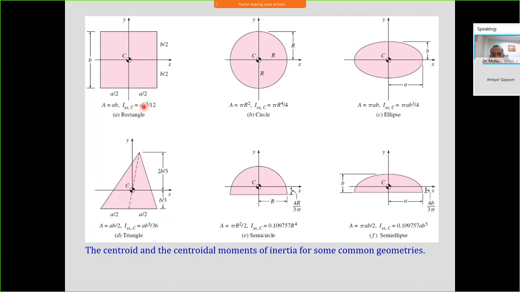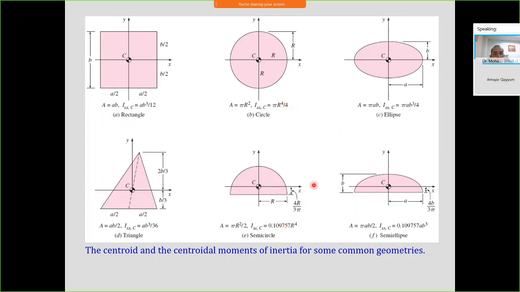For I, the second moment of inertia, if it is a rectangle, I equals AB³ over 12. A is the horizontal part and B is the vertical part. You need to remember that when using this equation. For a circle, I equals πr⁴ over 4.